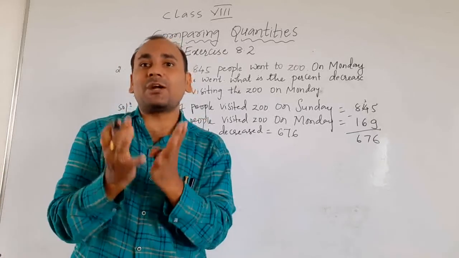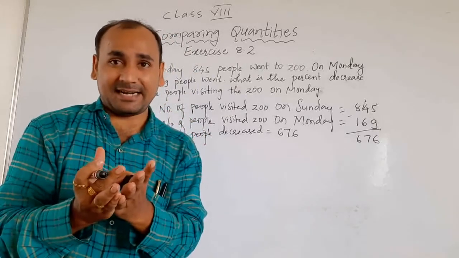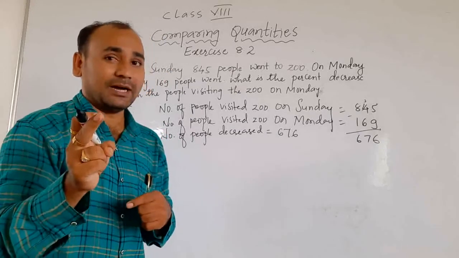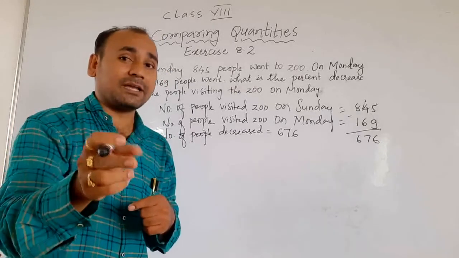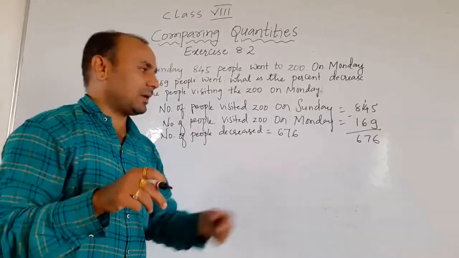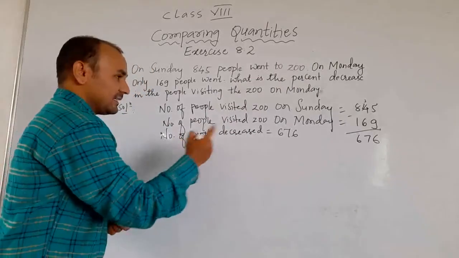I don't want how many people decreased, I want this in percentage. As I told earlier in the previous video also, by taking that formula we can do it. I will show you an alternative solution too. Let us take this one.